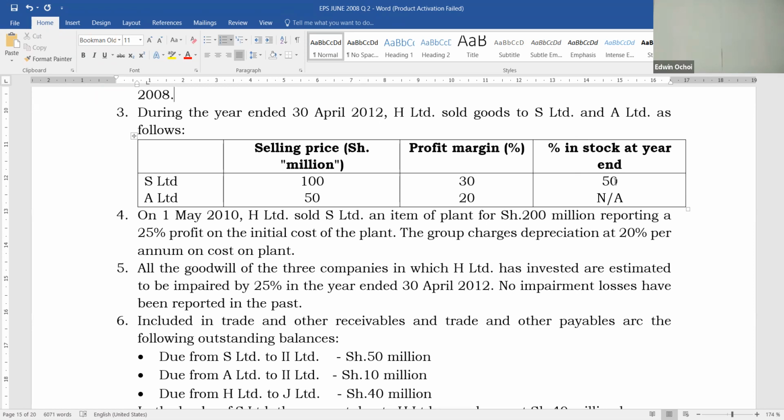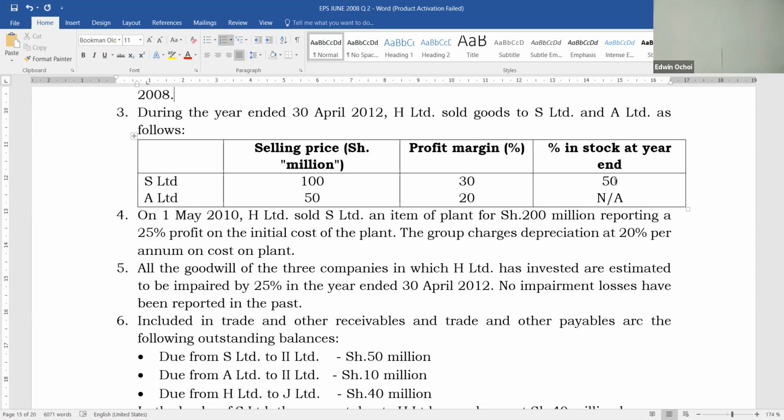So for goods, at least a certain percentage of the goods in stock had been sold.